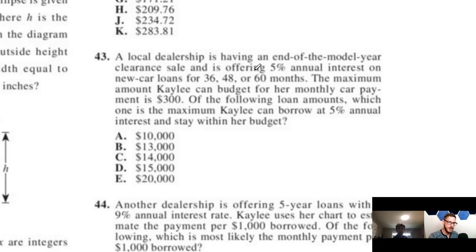The longer loan. That's right. If you give yourself the longest amount of time to pay it back, your monthly payments will be lower. You'll end up paying more total by the end of the loan, but you'll pay less per month. So we're going to take the 60-month loan, which is 5 years, right? 60 divided by 12 is 5.